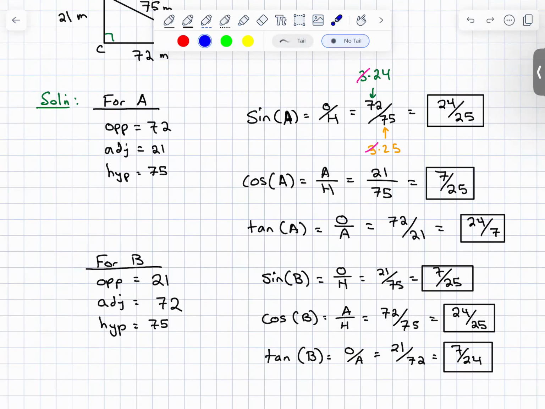They're all the same numbers. Sine of A and cosine of B are the same. You don't need to draw that. And then cosine of A and sine of B are the same thing.